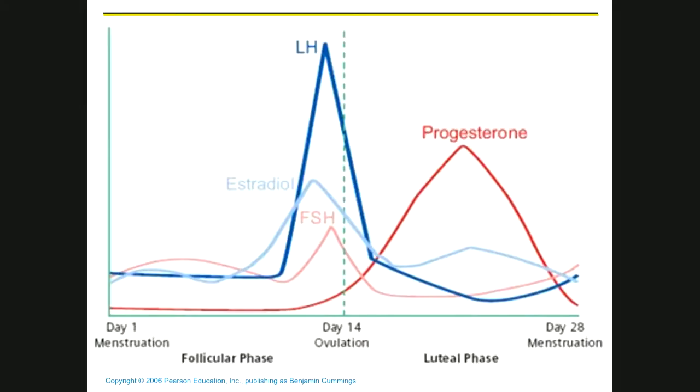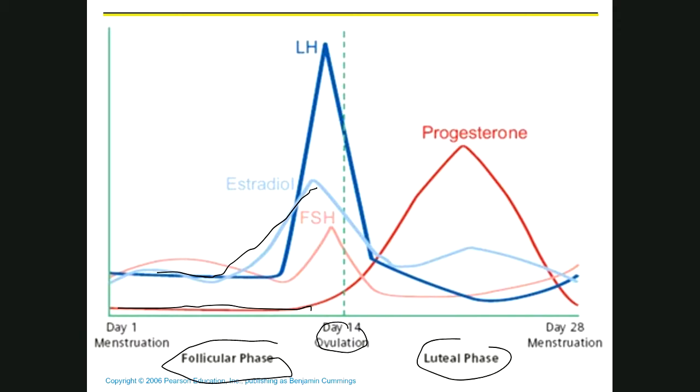So here's estrogen, this light blue line. So we're in the follicle. So look, estrogen goes up. There is no progesterone. Progesterone is basically 0. But here we're going to get ovulation, and we're going to turn into this corpus luteum. And so estrogen is going to go back up, and so is now progesterone.